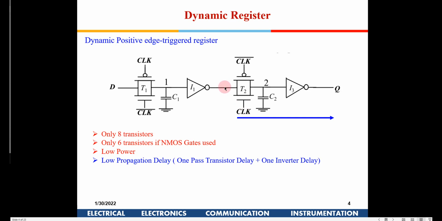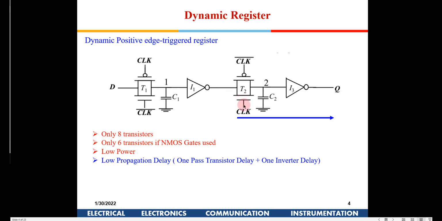It is available at this node here, so that needs to be propagated to Q. So if you remember when we talked about propagation delay of a dynamic register, of any register for that matter, of any flip flop, it is the time taken from the rising edge of the clock till the output gets stabilized, right? So this data which is available already when the clock is low, the path from here to here doesn't contribute to any propagation delay here.